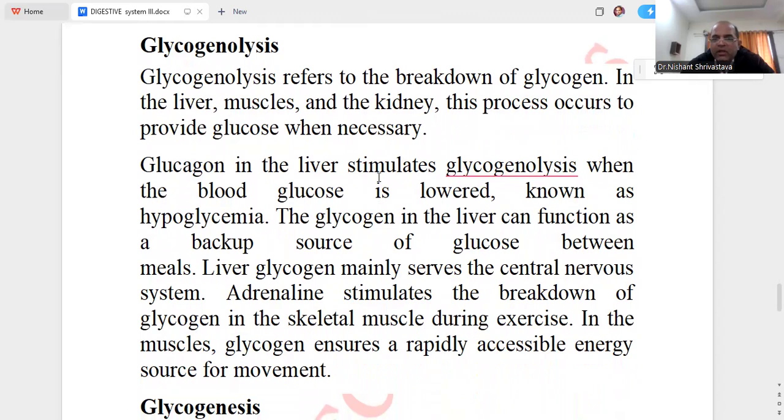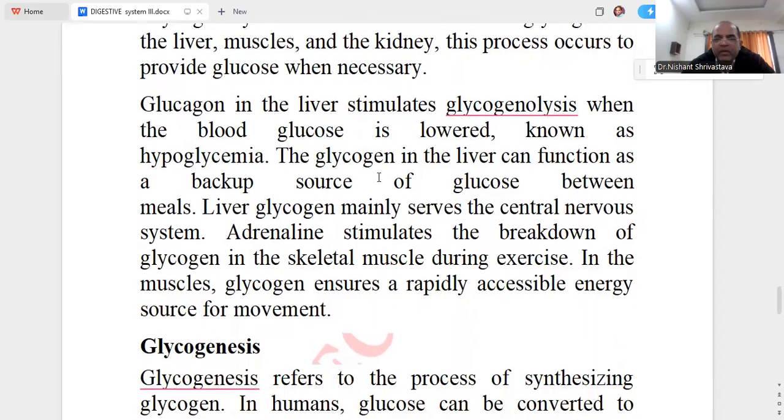Glucagon in the liver stimulates glycogenolysis. When the blood glucose level is lowered, known as hypoglycemia, the glycogen in the liver can function as a backup source of glucose between meals.